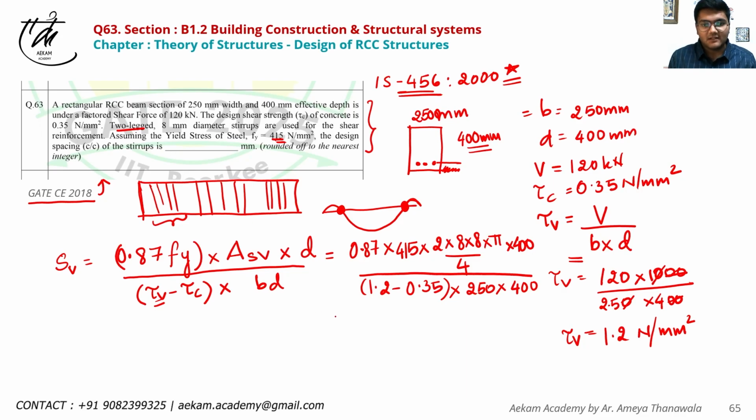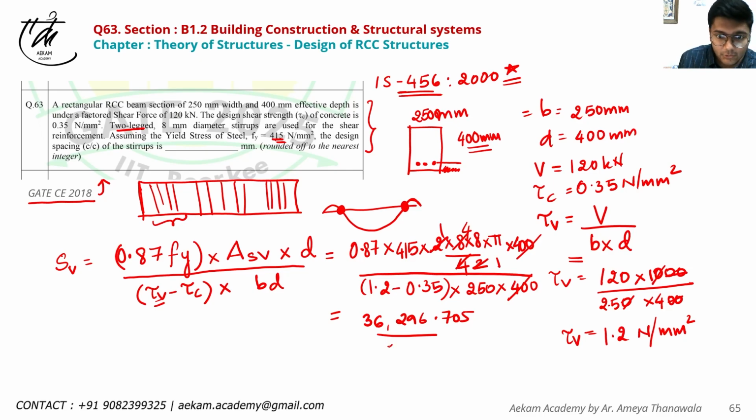So we'll just simplify this. Let me just grab my calculator. So by simplifying, the value that we get is 36,296.705, by in the denominator we get 212.5.